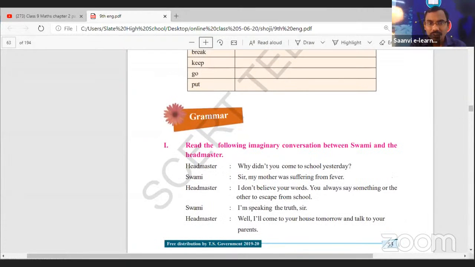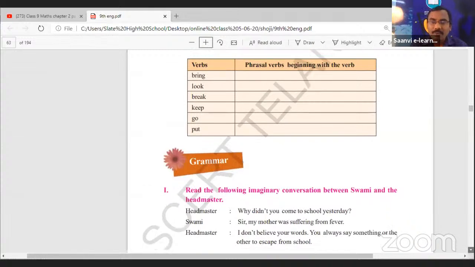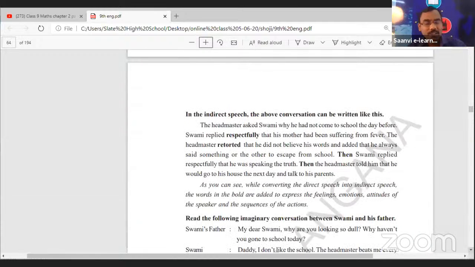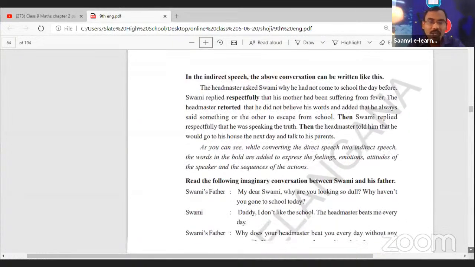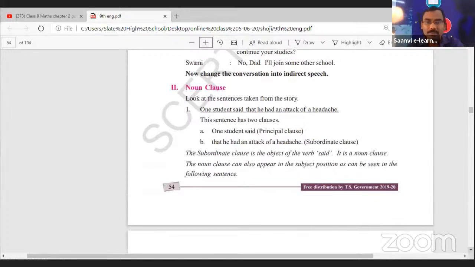So have you all finished? Okay, students, then we have a grammar part of direct speech and indirect speech. To teach you direct and indirect speech, it needs almost 2 weeks for completion. So we will be skipping this session, and this part of the test will be skipped, and it will be taught after the completion of your syllabus.